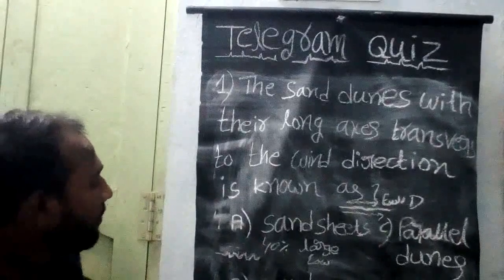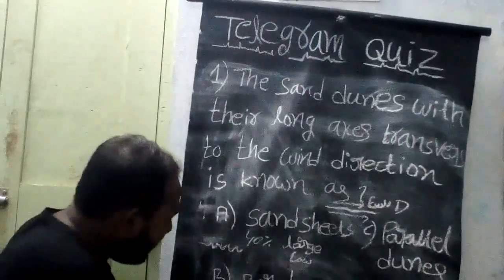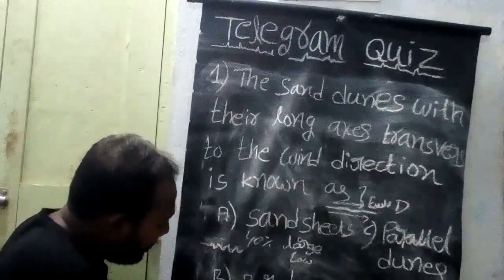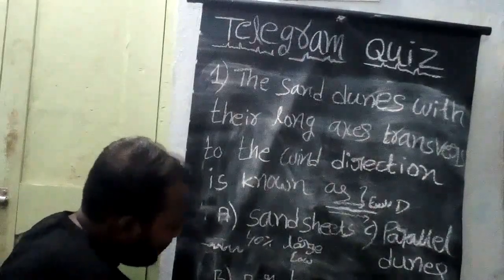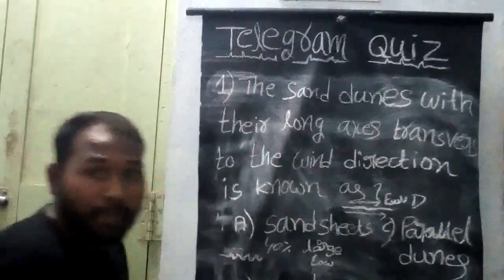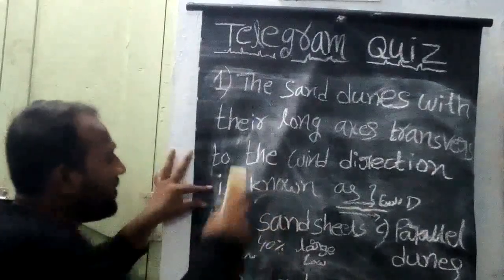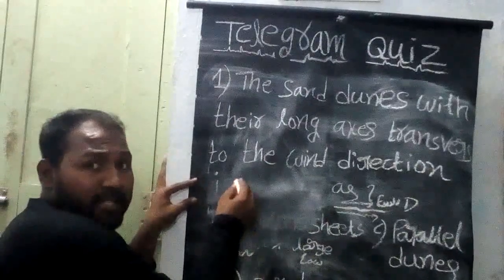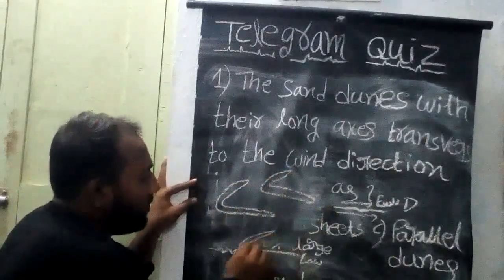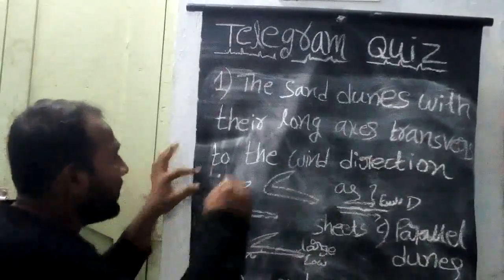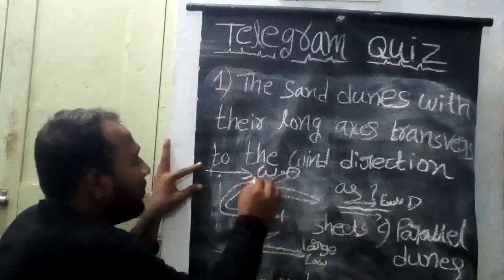So finally, barchans. What are barchans? Barchans are crescent shaped dunes which are in the direction of the wind, with horns or wings.